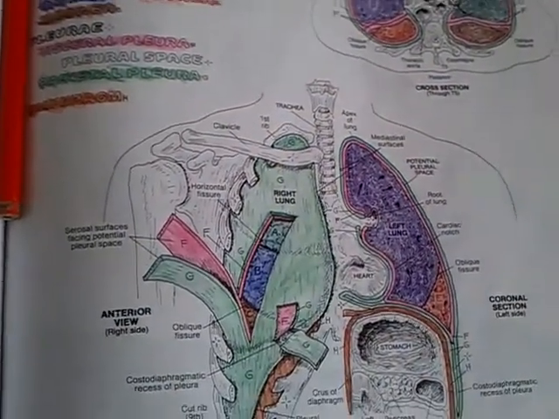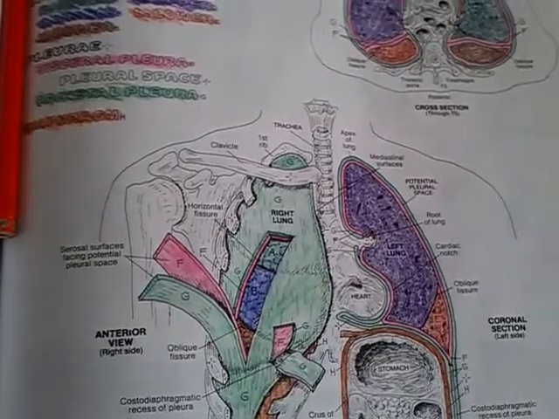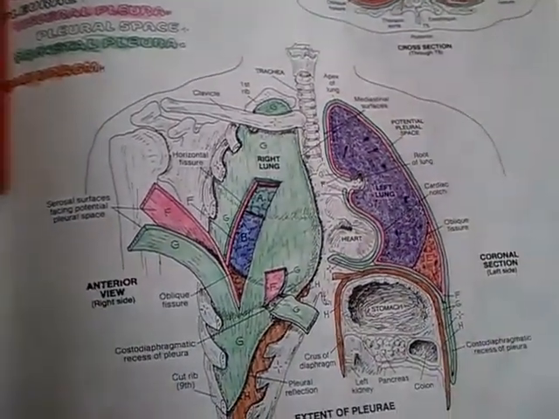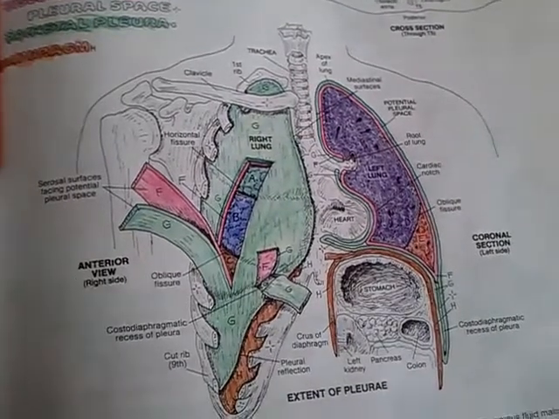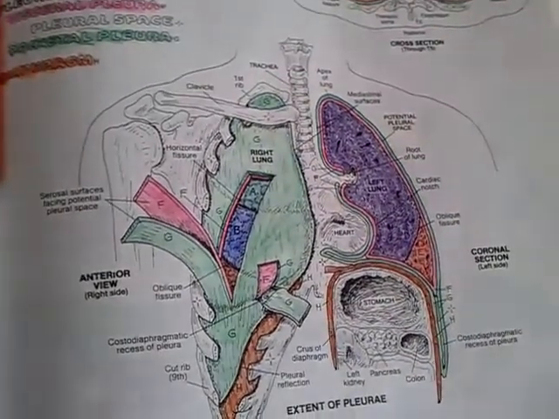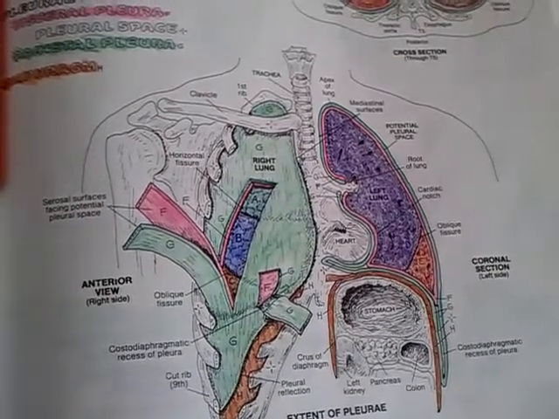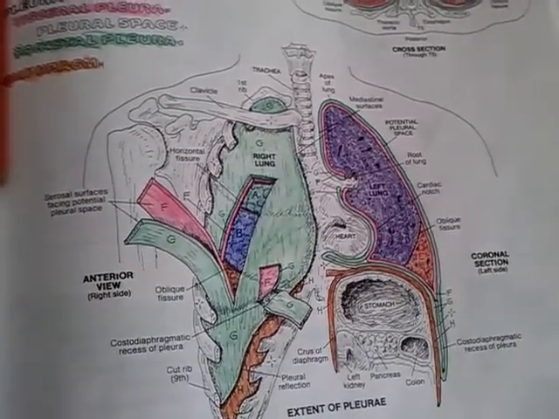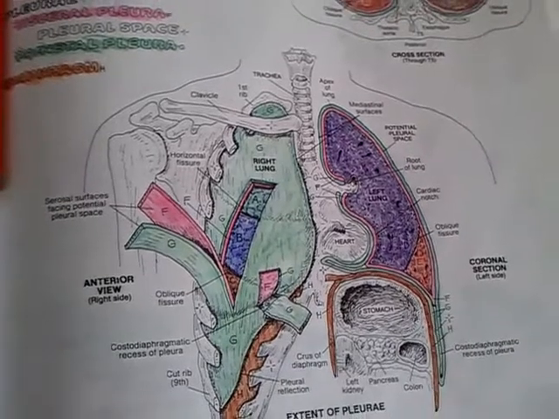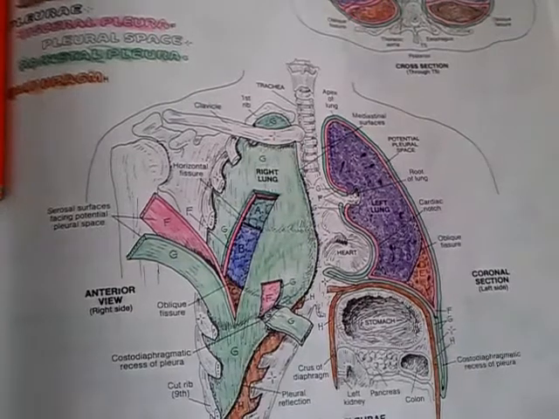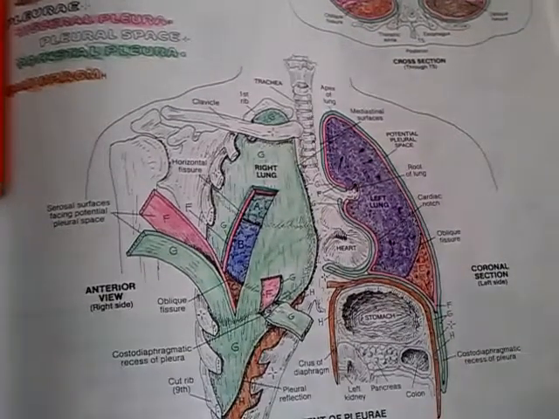Now the parietal and visceral pulmonary pleura enclose the pleural cavity, which is only a narrow space containing a small amount of serous fluid. Right and left pleural cavities are entirely separated by mediastinum, and the costal pleura reflects into the diaphragmatic, forming costodiaphragmatic recess.